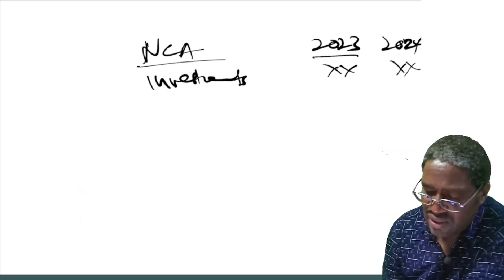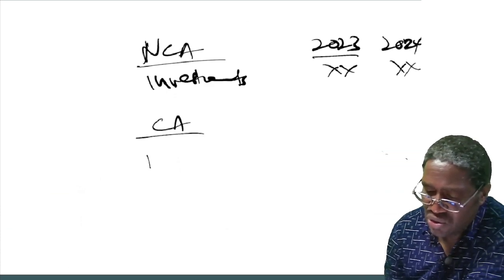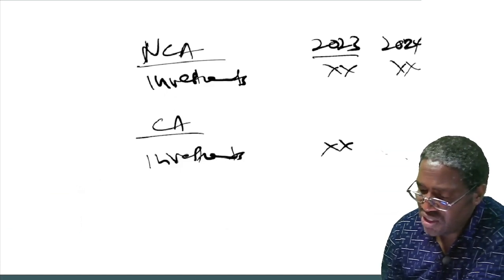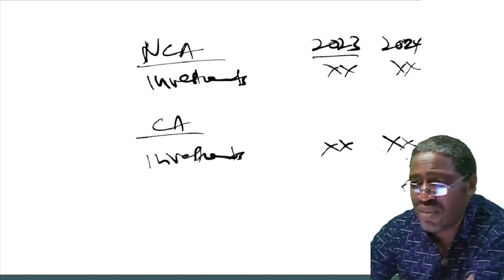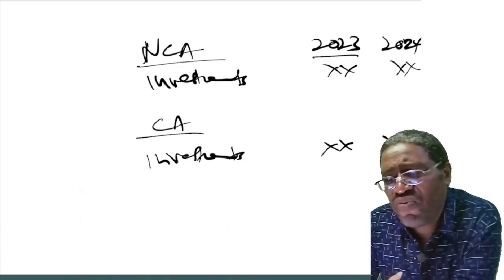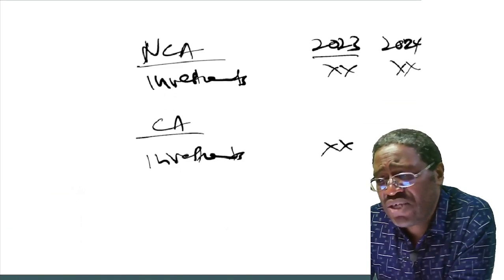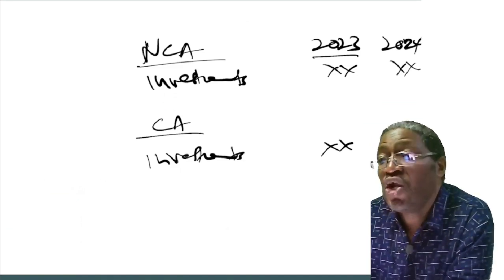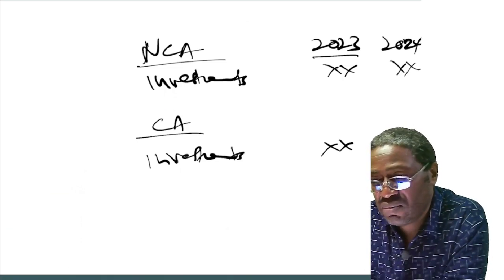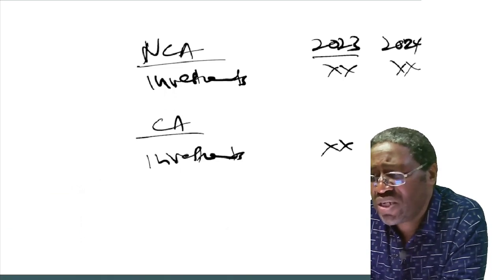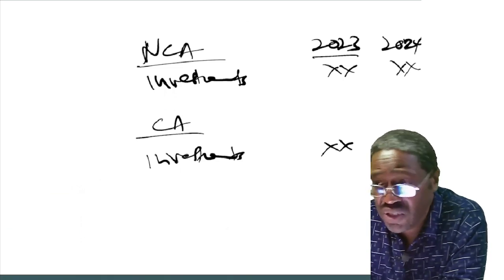Then, among your current assets, you also have investments, whatever the amount last year and this year. Both of them are investments. It's only that one of them is a short-term investment and the other one is a long-term investment. The question is, how do you treat them when it comes to the cash flow statement?